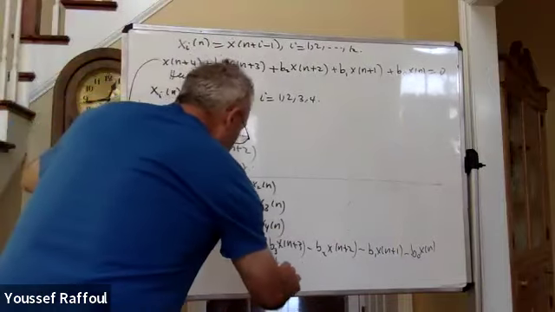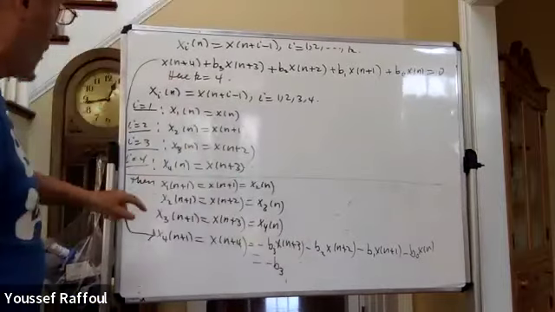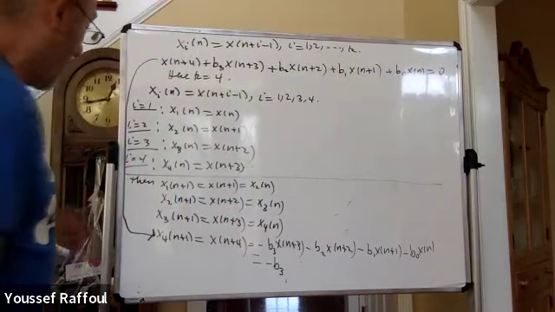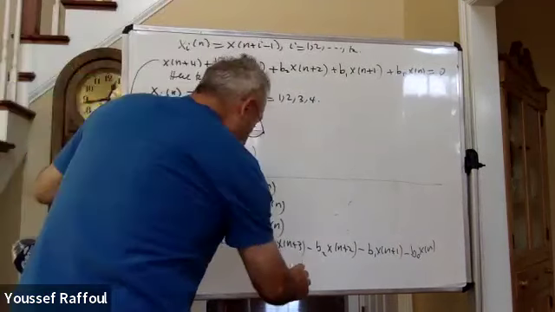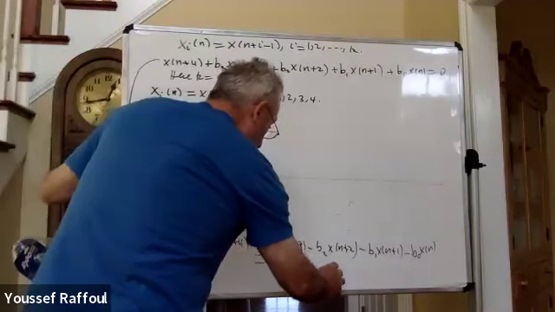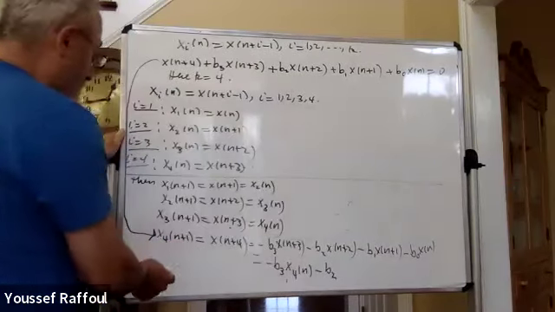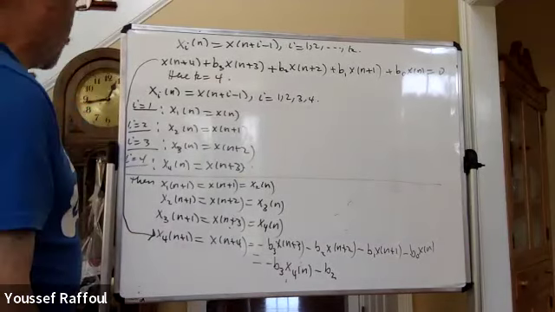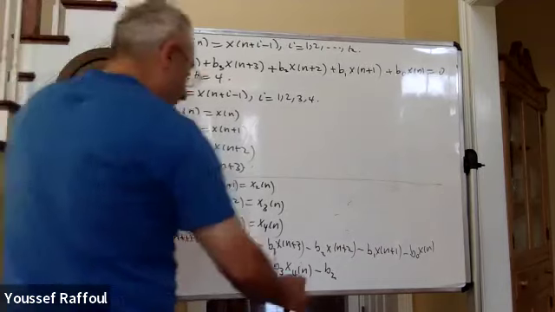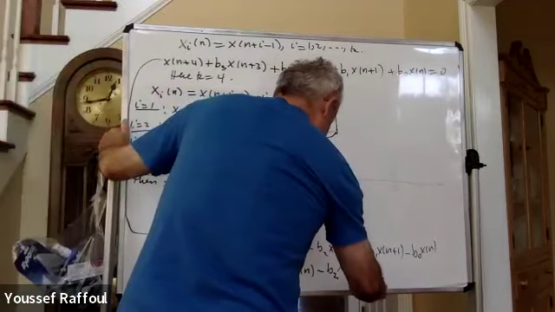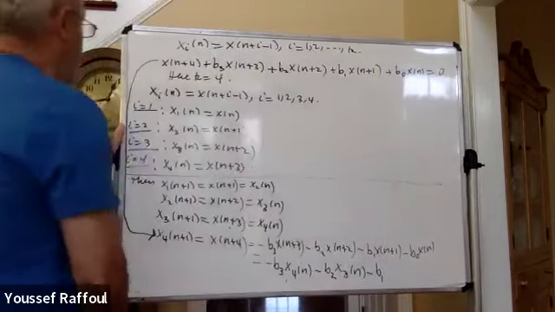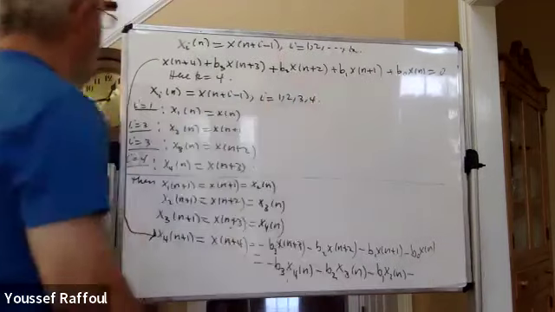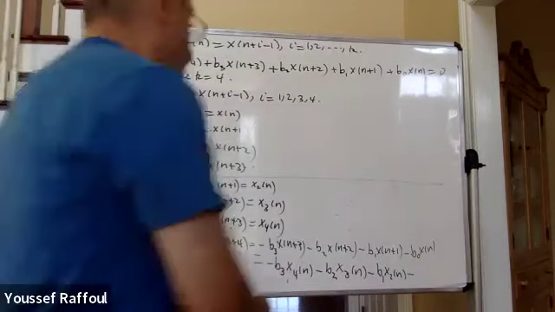So this is minus b3, what is x of n plus 3? x of n plus 3 equals x4 of n, minus b2 x of n plus 2, x of n plus 2 equals x3 of n, minus b1 x of n plus 1 is x2 of n, minus b0 x of n, x1 of n.